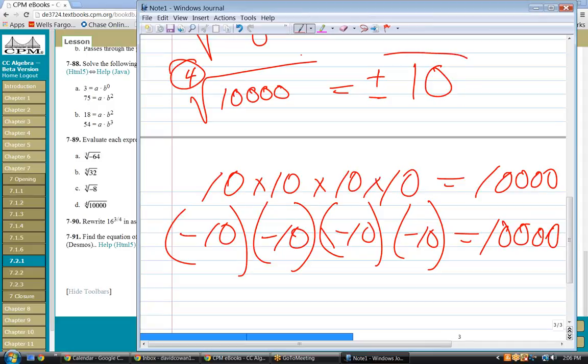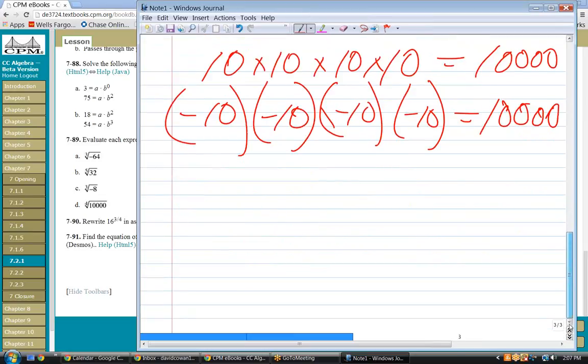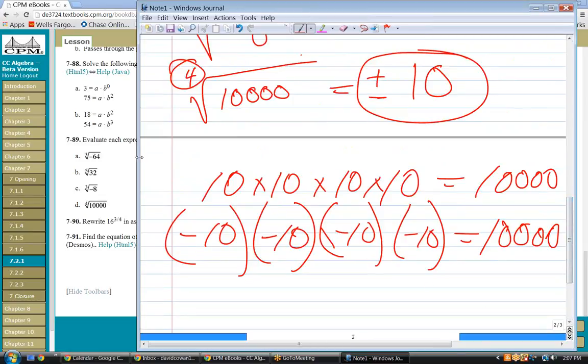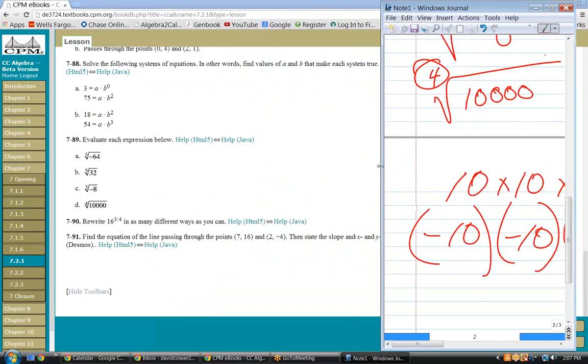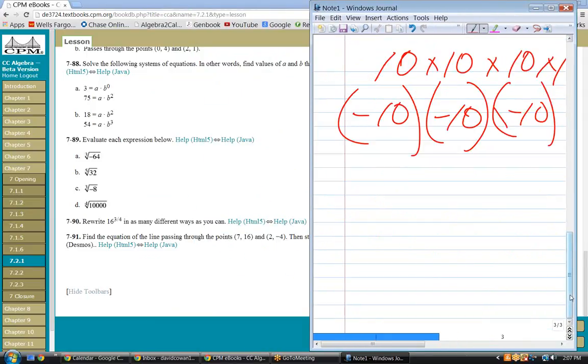And that's why the answer is plus or minus 10. In other words, whenever you take even numbered roots, you're going to get plus or minus. When you take odd numbered roots, you're going to get either plus or minus, but not both. Okay. And then 791. Okay.